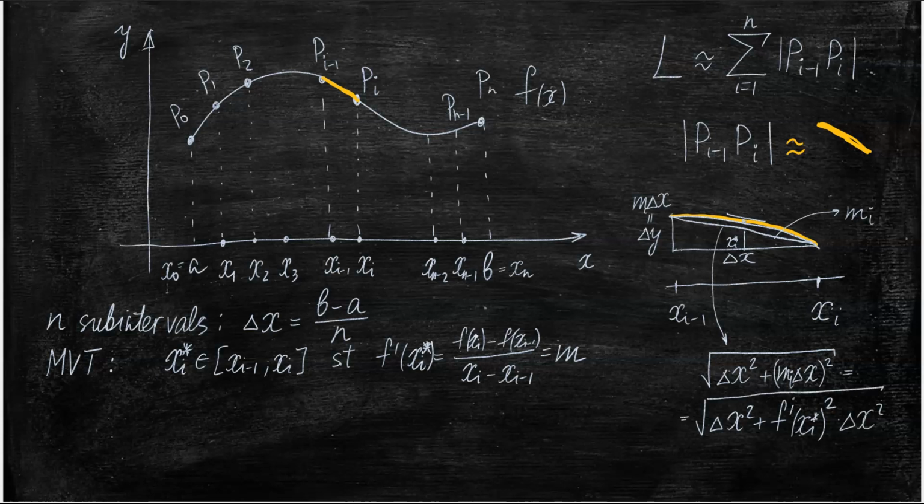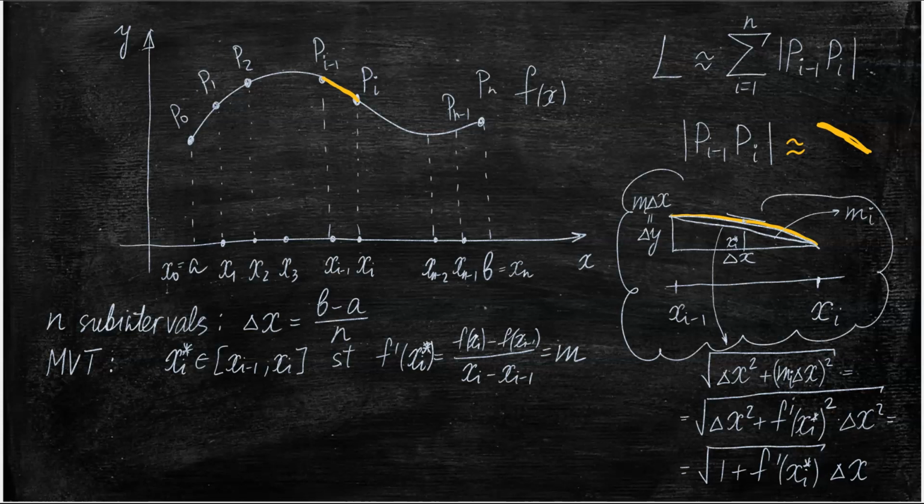And now we can treat this delta x as a constant, and we can take it outside of this radical. So what just happened is that we looked at the ith interval.